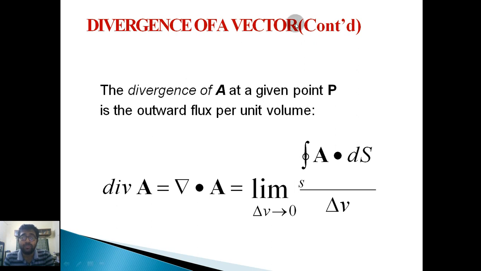The divergence of A at a given point P is the outward flux per unit volume.